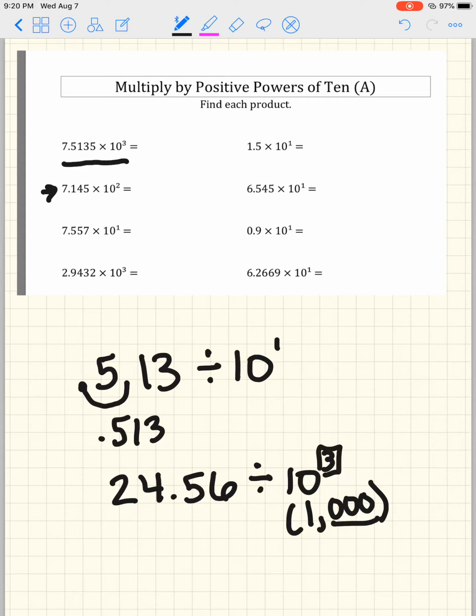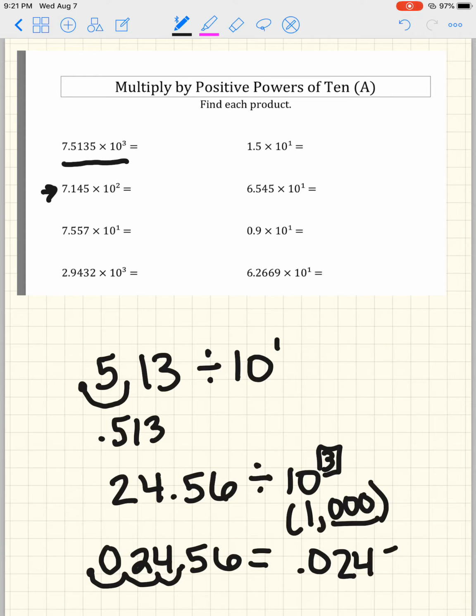And that's also what that exponent means. So I'm going to move it back 3 times. 1, 2, 3. Well, what goes here in my placeholder? A 0. So my final answer is 0.0245. So get ready to do some of that practice.